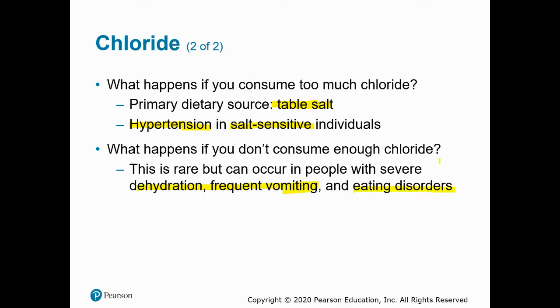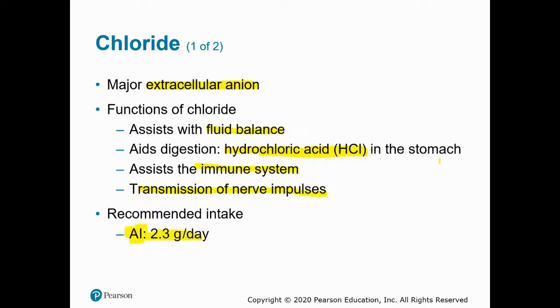So in any case where we see not enough chloride or not enough potassium, we're going to see similar symptoms as we saw with sodium. So irregular fluid balance, we might see improper digestion, a weakened immune system, twitching and issues of the nervous system.